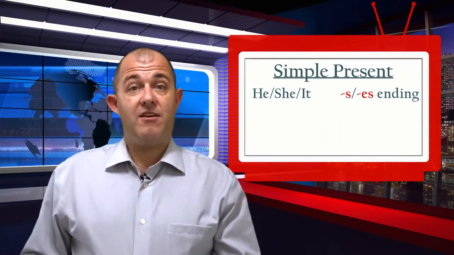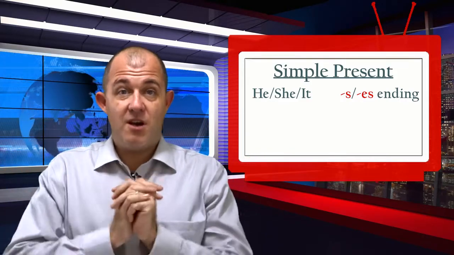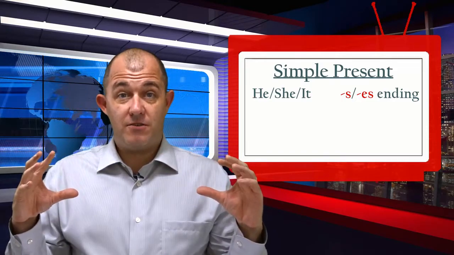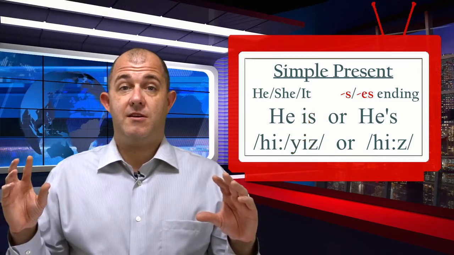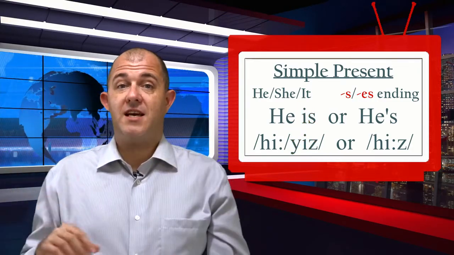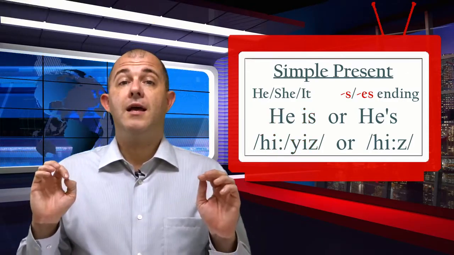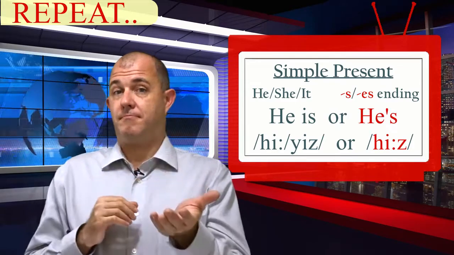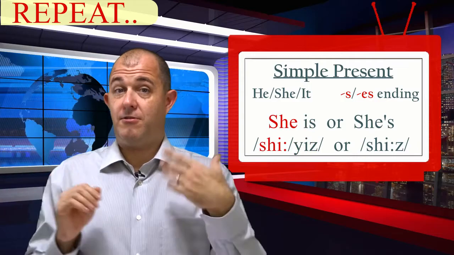Now let's look at the uncontracted and contracted forms of the verb to be. Without a contraction, the long form is he is. So listen and repeat. He is. And then the contracted form is he's. She is.